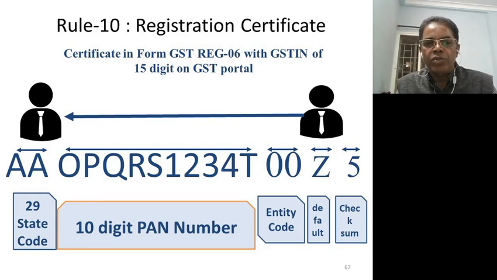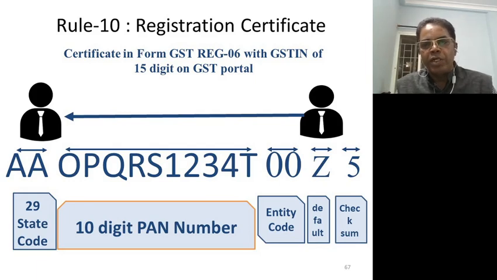The 15 digits start with the first two, which are the state code. For example, the state code of Karnataka, Telangana, Tamil Nadu. That state code has to be entered.